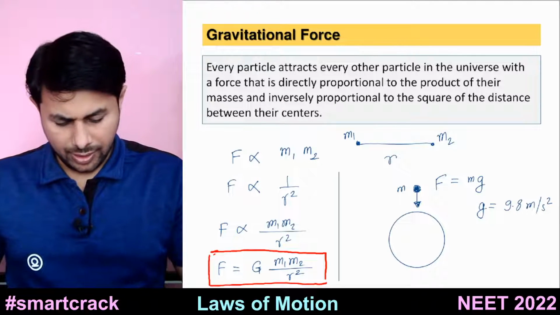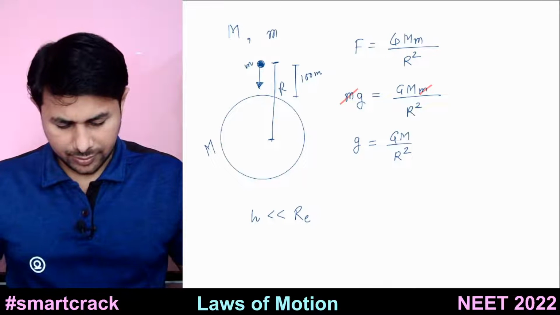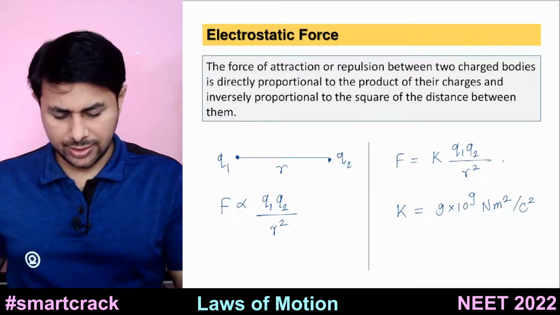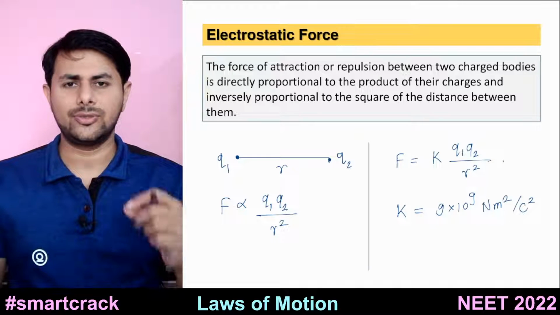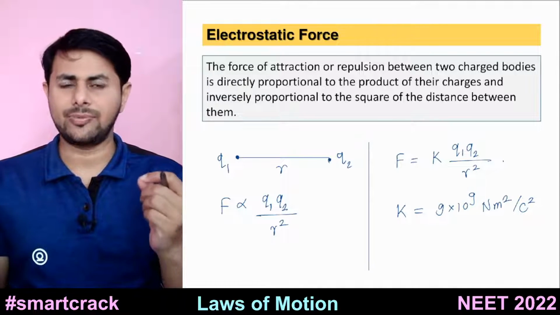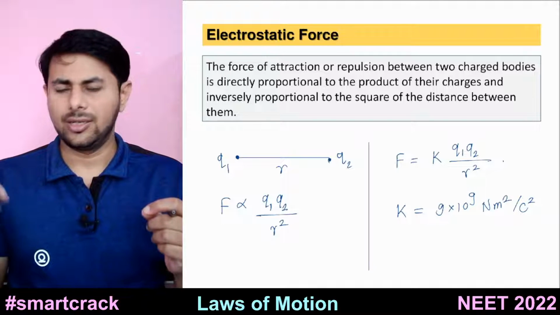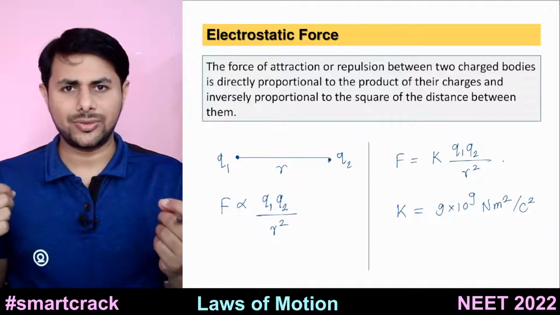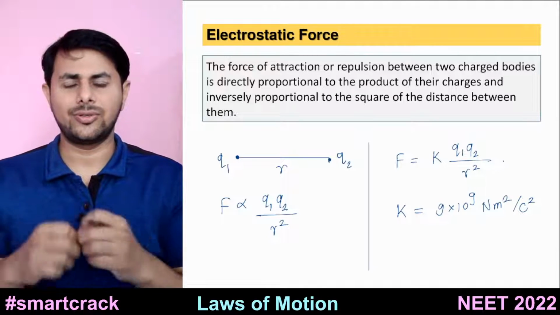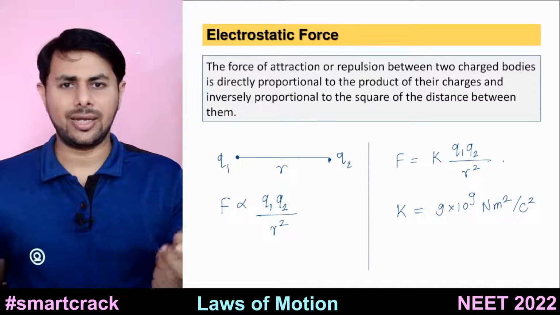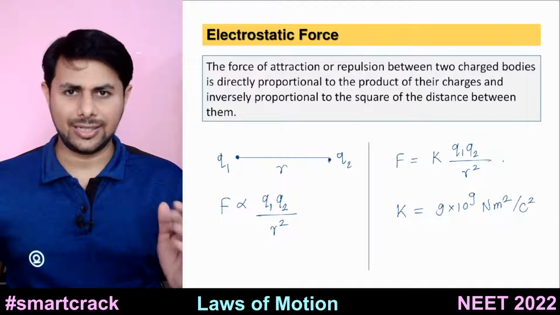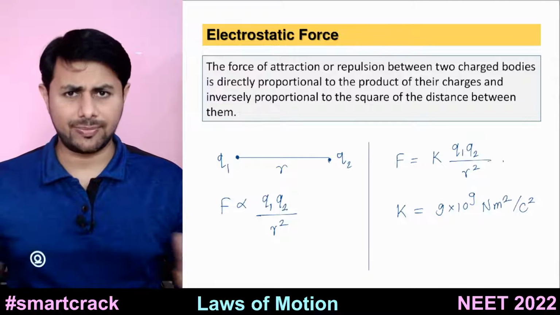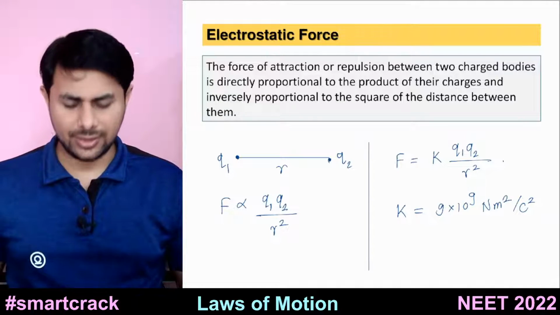Then the next force is the electrostatic force. So what is electrostatic force? If you take two charged particles, then both of them exert forces on each other. There is attraction between unlike charges, positive and negative, and repulsion between like charges. So like charges repel each other, unlike charges attract each other.